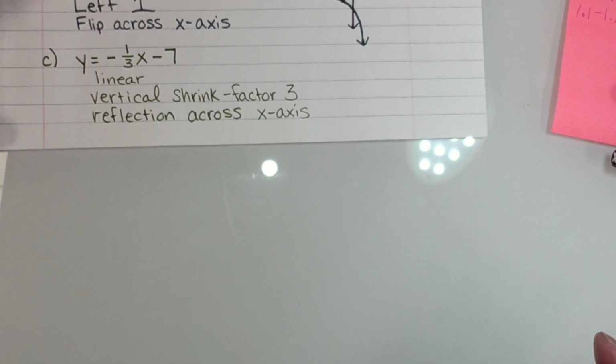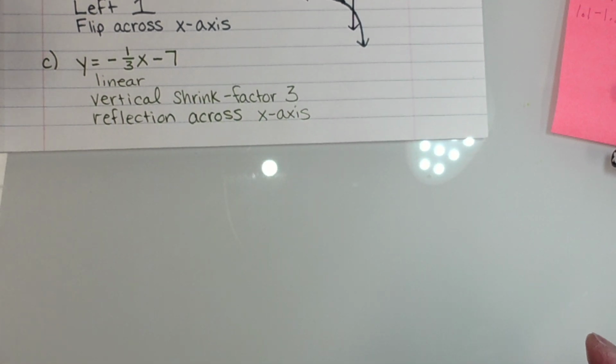Minus 7. It's translation. What direction is it moving? I heard a couple different things. Being minus, it should either go to the right or it should go down. And with linear, those are also interchangeable. Because when you move a straight line to the right, if you think about this part moving right 7, the bottom part of it also essentially ends up looking like it goes down.